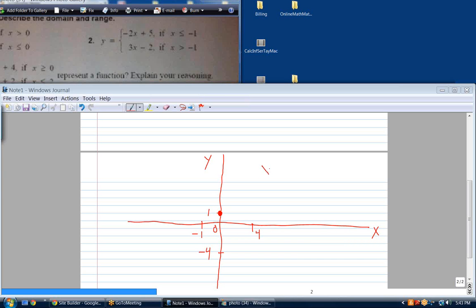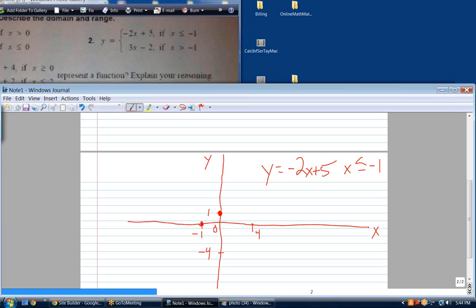Y is equal to minus 2x plus 5 whenever x is less than or equal to minus 1. So since it's less than or equal to minus 1, I'm going to start my graph here and go left to take care of this part of the piecewise function.